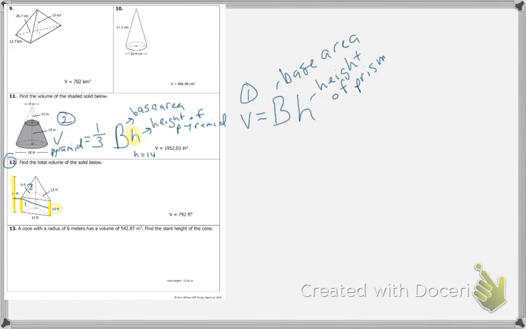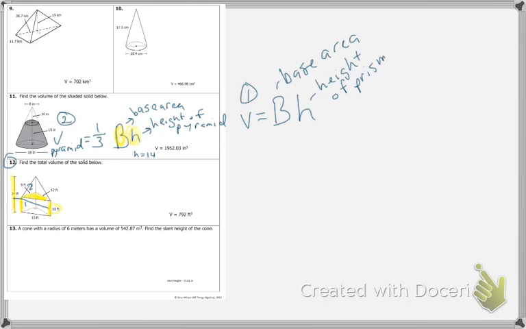So we have the height. Now we need to find the big B, the base area. We need to find the area of this triangle right here. If we find it, we're going to find the other B as well, because they share that base.